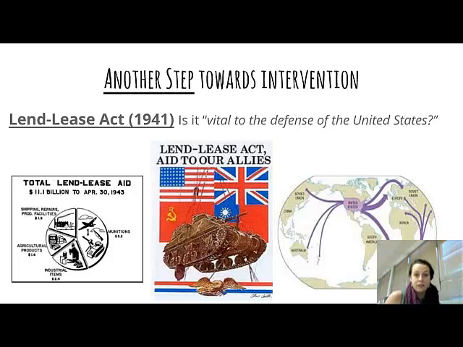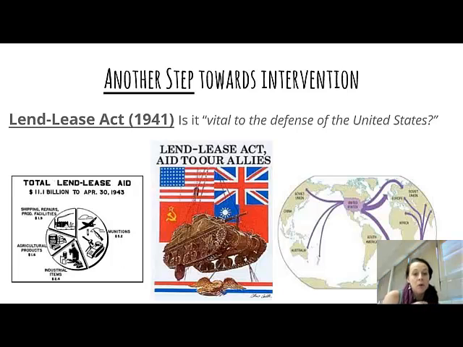Not long after destroyers for bases, the United States Congress passes the Lend-Lease Act, or the Lend-Lease policy. Great Britain by 1941 is running out of money and obviously running out of resources, and so are their allies.